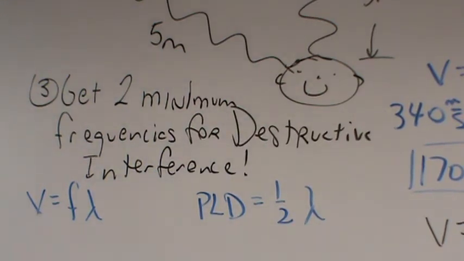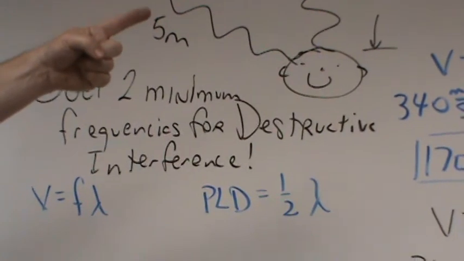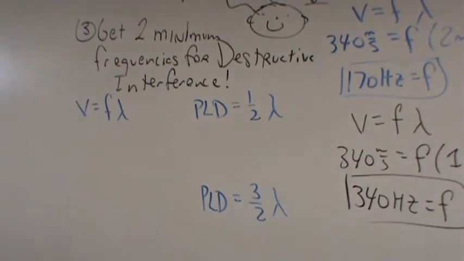If you're stuck, you should be using your path length difference, which is 2 meters, by the way. That hasn't changed. You should be using your path length difference as 1/2 lambda, and path length difference as 3/2 lambda, in order to find what lambda is. And then you just plug that into this equation, v equals f lambda. So keep going.